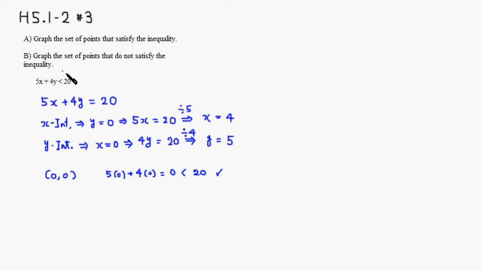The set of points that do not satisfy this inequality, I'm doing part B here, should satisfy 5x plus 4y not strictly less than 20, which means greater than or equal to 20. In this case, we have equality, so we need to use the solid line, and the inequality is flipped. So let's do that.